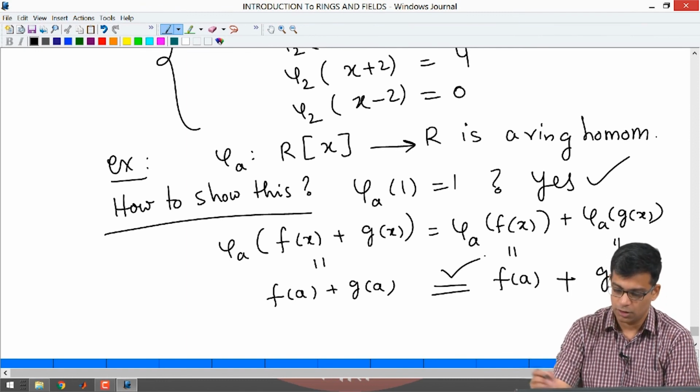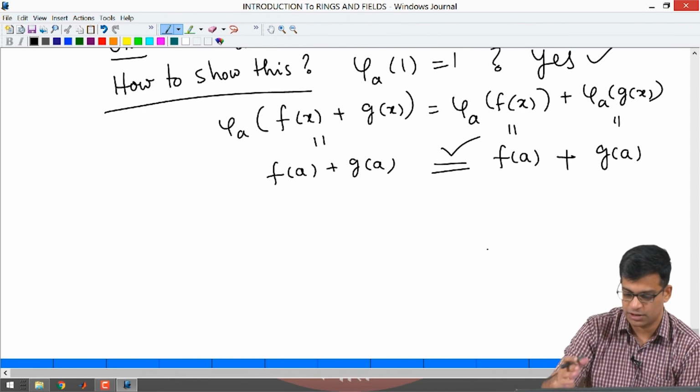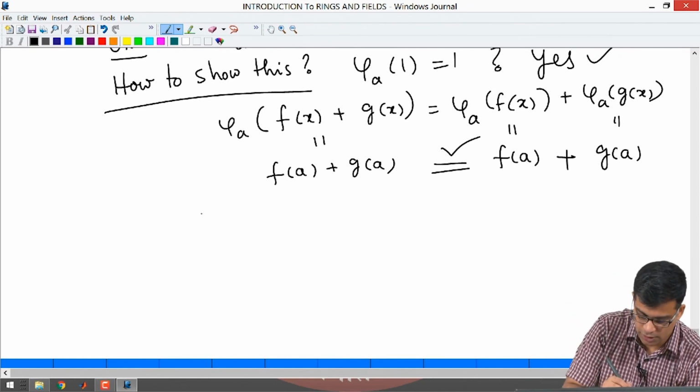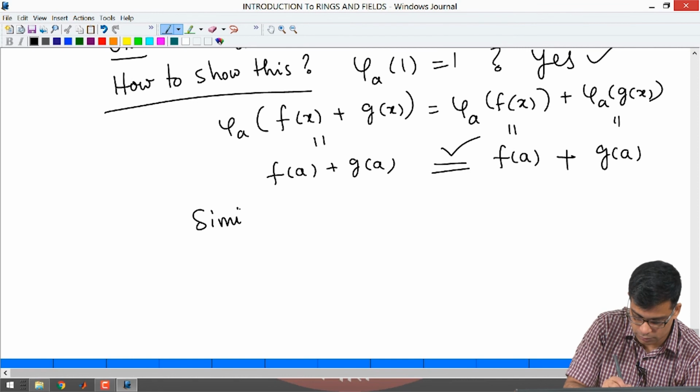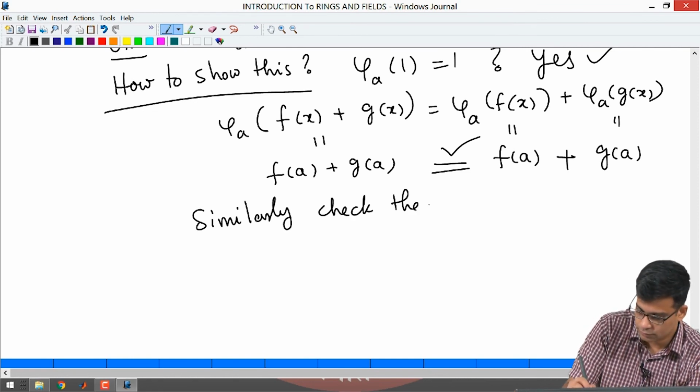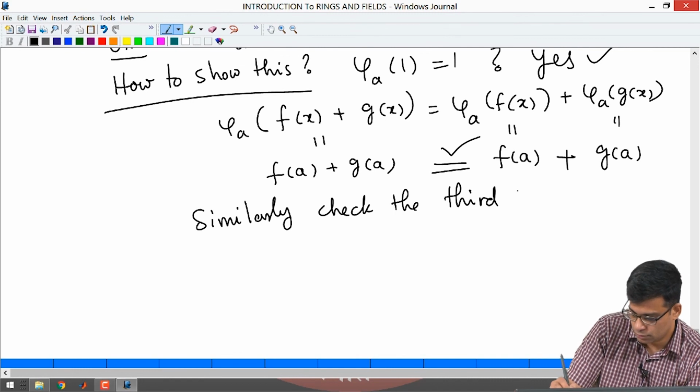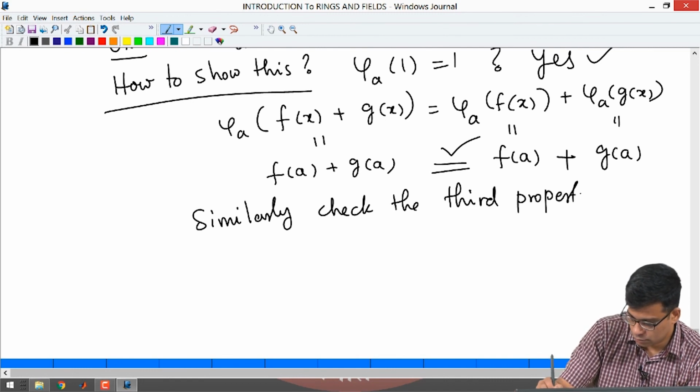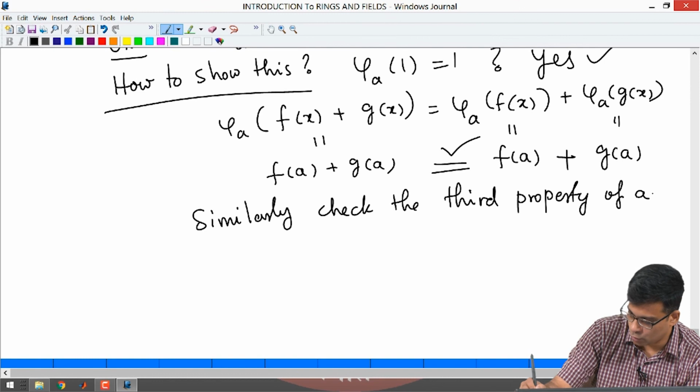So, these are equal. Similarly, essentially I have done 2 of the 3 properties, do similarly check the third property of a ring homomorphism.